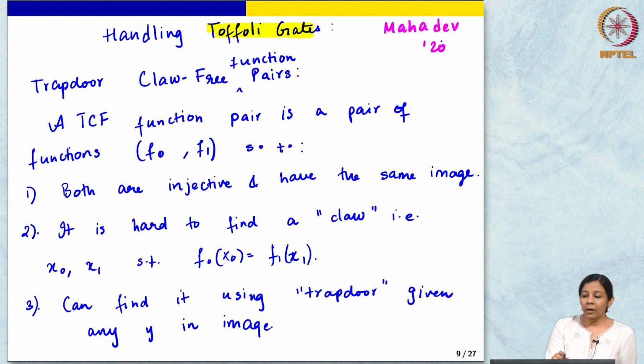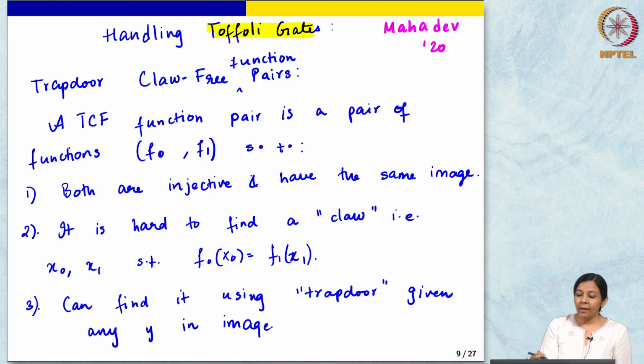Okay. So, before we look at the computation, we need to define this new cryptographic primitive, okay, of trapdoor claw free function pairs, and this is something we just did last time. Just to jog our memory, a TCF function pair is a pair of functions f0 f1, both injective and with the same image.